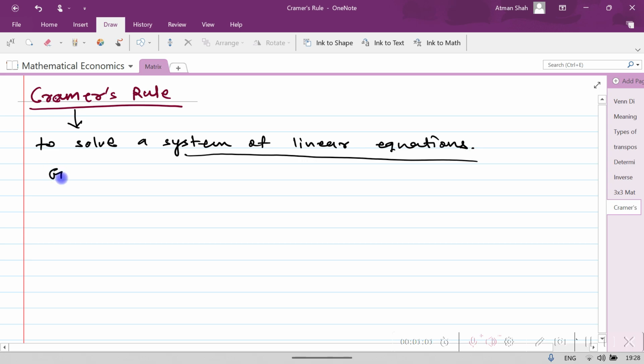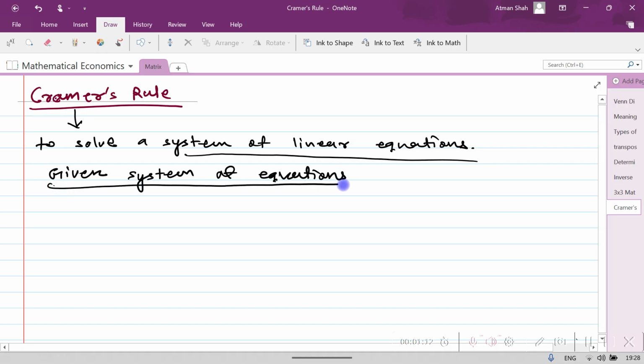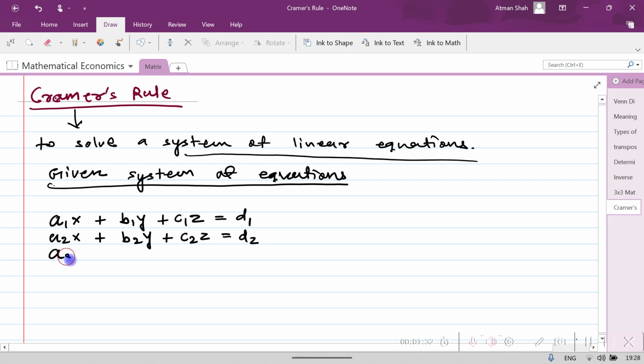So suppose we are given a system of equations: a1x plus b1y plus c1z is equal to d1, a2x plus b2y plus c2z is equal to d2, a3x plus b3y plus c3z is equal to d3.